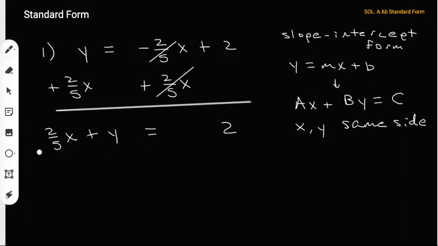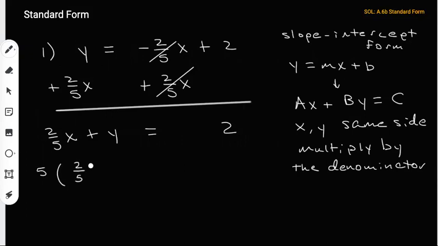Basically, I want to get rid of this fraction right here. So if I want to get rid of the 2/5, what would I have to do to both sides? I'm going to multiply both sides by the denominator, which is the bottom of the fraction. Right here, my denominator is 5. So I'm going to multiply both sides by 5.